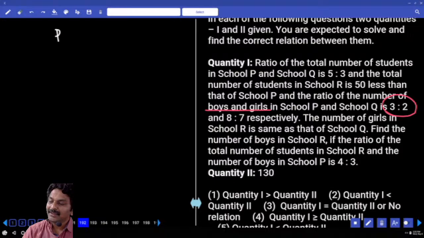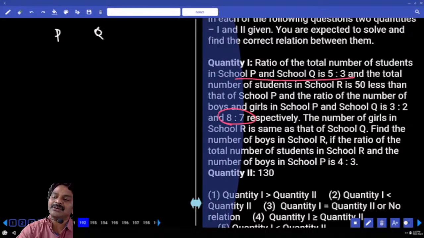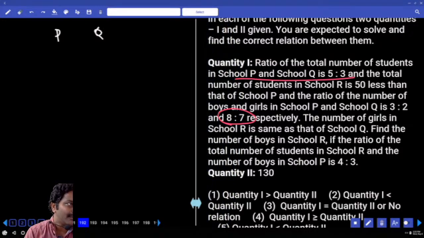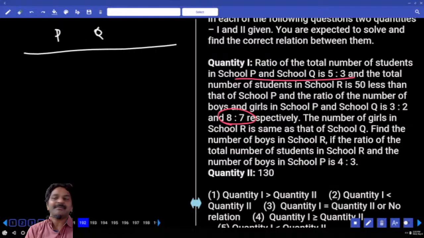Meaning, in Q, boys and girls together, how much do we have? Total parts 15. So Q also must be 15 parts, so it has to be a multiple of 15, right? Now when you see the total number of students in P and Q, they simply said 5:3. According to our rule, P must be a multiple of 5, and from the ratio, P is already a multiple of 5. But Q must be a multiple of 15, and it is only a multiple of 3.